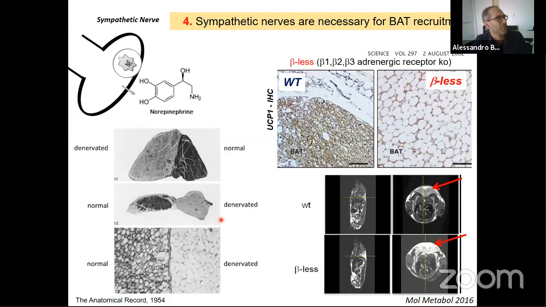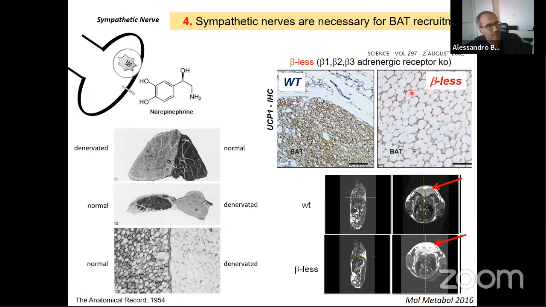The other important point is the role of the sympathetic nerves. Sympathetic nerves are known to be necessary for brown adipose tissue recruitment. Back in 1954, they did surgical unilateral denervation, and if you cut the nerves to the brown adipose tissue, you end up with a morphology like this: clearly non-brown, white-like adipocytes.